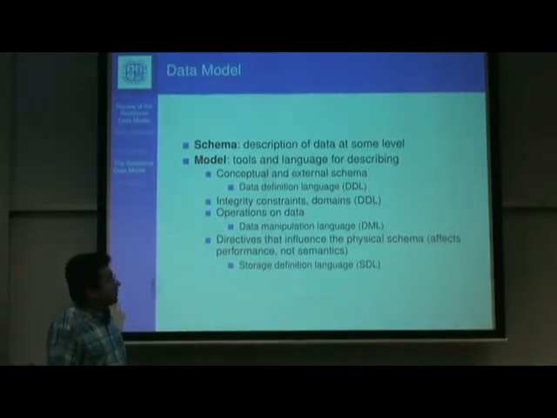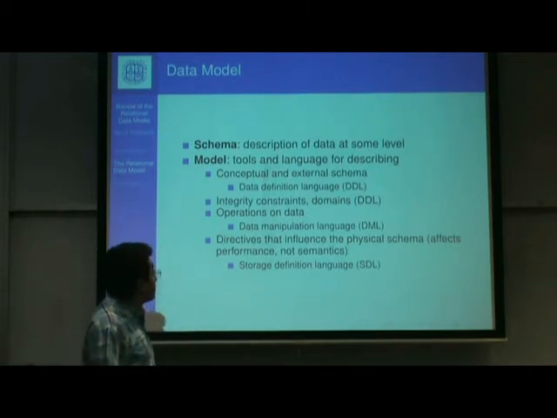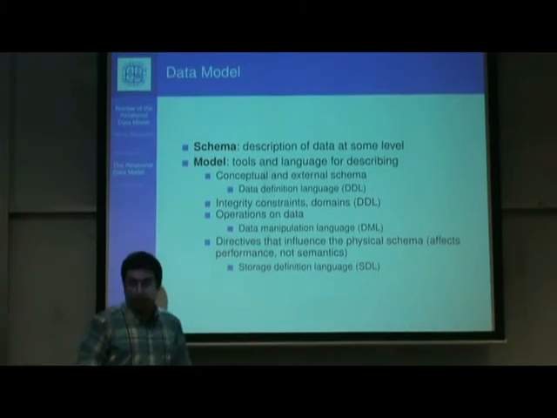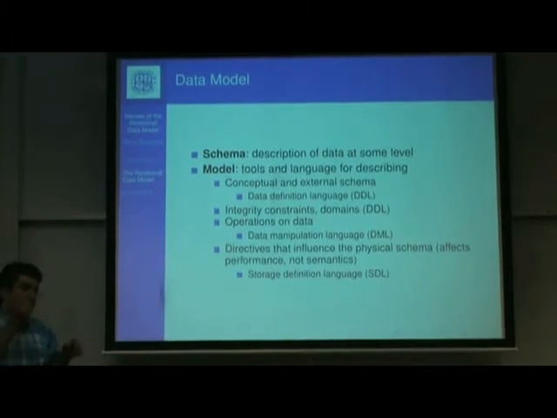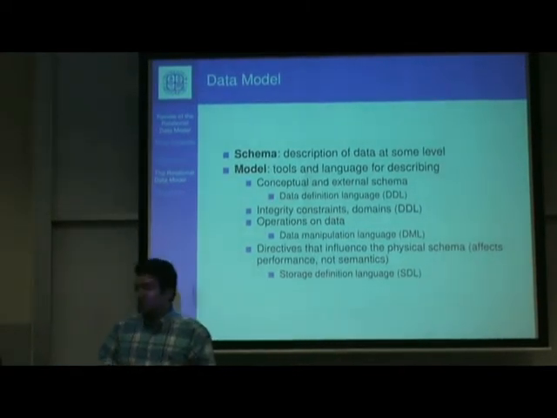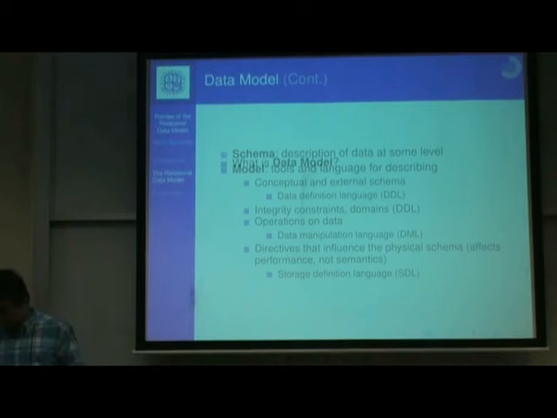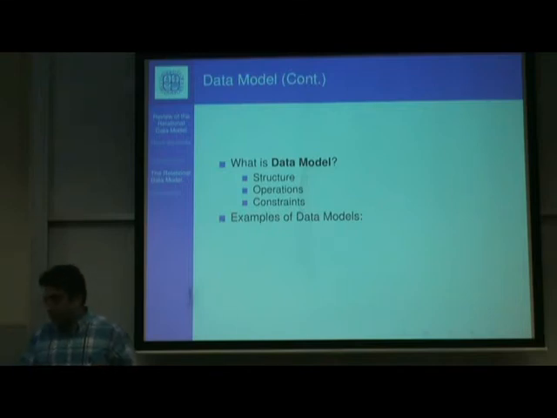Operations on data manipulation, transactions running, changing data, or directives that influence physical schema. In all database systems, you can have instructions to change and manage the underlying information as the database administrator. So a data model is defining data in terms of structure, operations, and constraints.